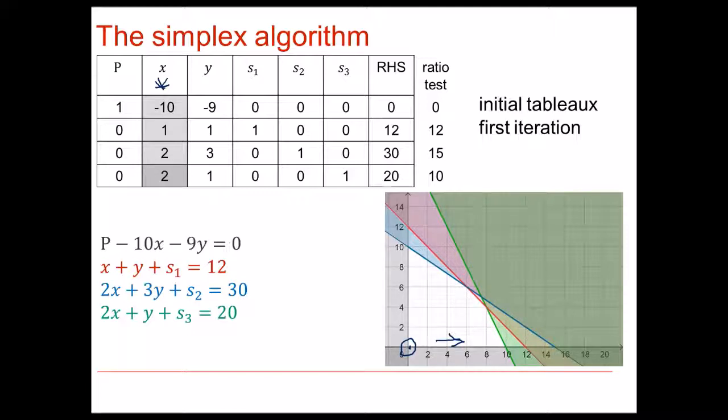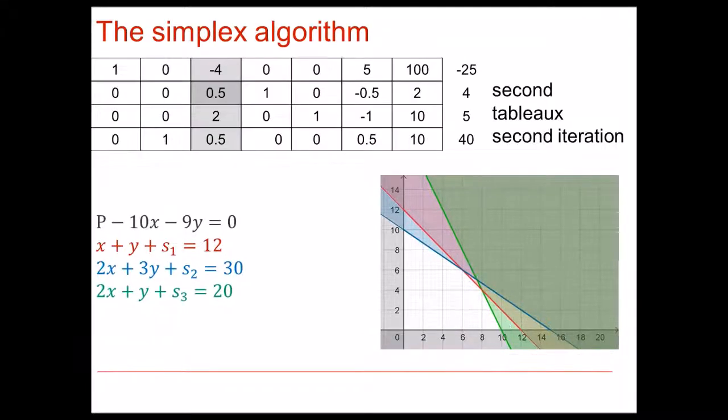So in other words, along the x-axis or the line y equals 0 until we hit this first next vertex of the feasible region. You can see on the graph that this is 10, 0, and this is where the green line 2x plus y plus s3 equals 20 intersects with y equals 0. You may remember that at that point both y equals 0 and s3 equals 0.